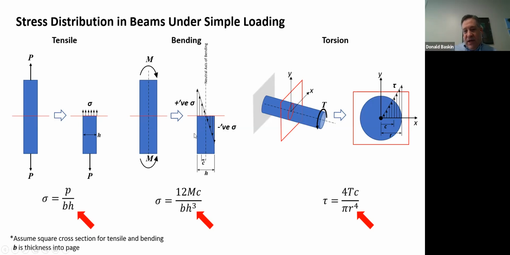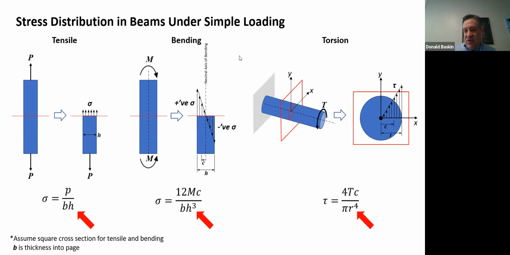The stress goes to 0 in the center. Depending on the direction of bending, the stress is going to be compressive on one side and tensile on the other. But like I said, the stress is really high on the outside and really small in the middle, which means that the material on the outside of this structural member is doing a hell of a lot more than the material in the center.